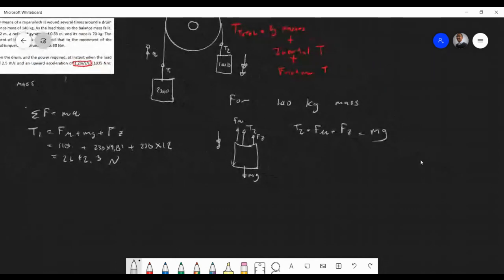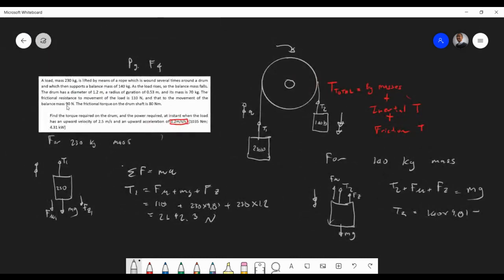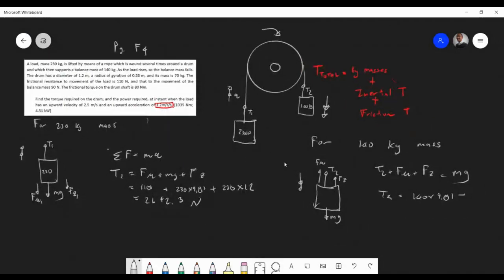Fantastic. Once that is there, the objective is to find T2. So it's going to be mg, which is 140 times 9.81, minus F mu. For the balance mass, the friction is 90, as it says there.